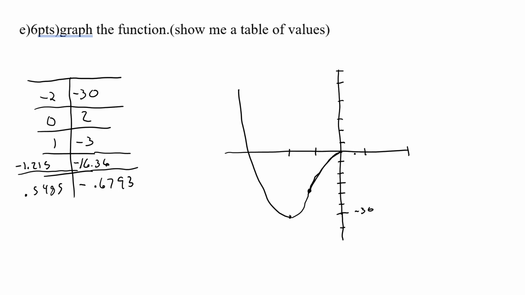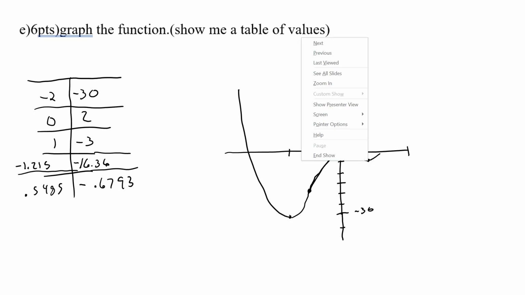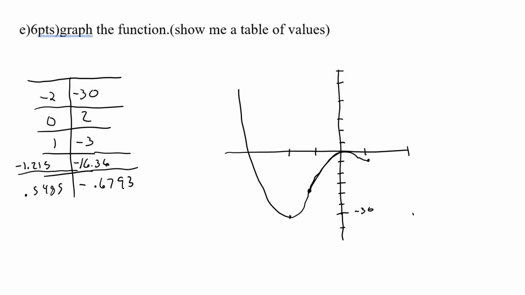And that whole time we were concave down, but then we switch concavity, and we need to join it with the concave up. And then once we get past 1, negative 3, from that point on, we are increasing and we go back to being concave up. And that's what my graph should look like.